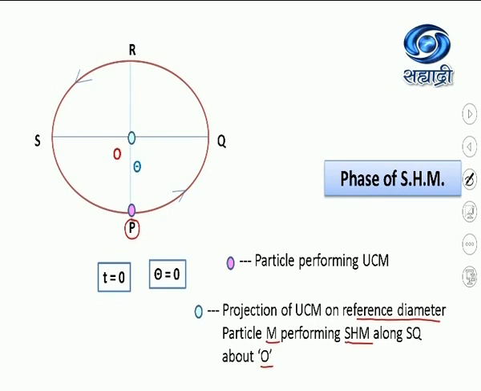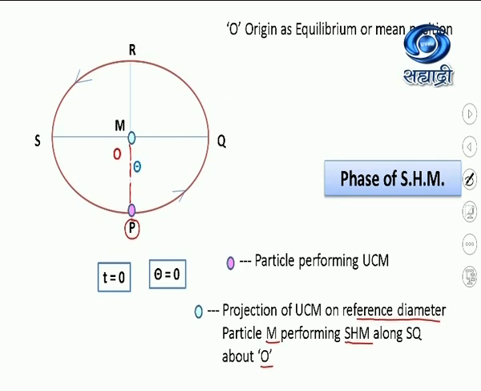If we take the projection of this particle P on the reference diameter SQ, then we get the foot of the perpendicular lying at position M. So M is at O position. So it is very clear that the position is the equilibrium or mean position. So initially the particle M, which will perform SHM, is at the mean or equilibrium position.